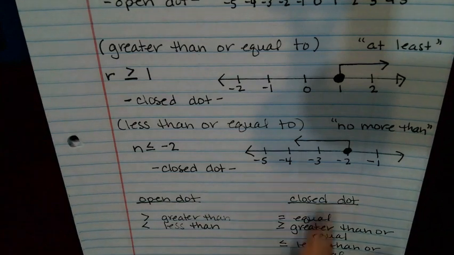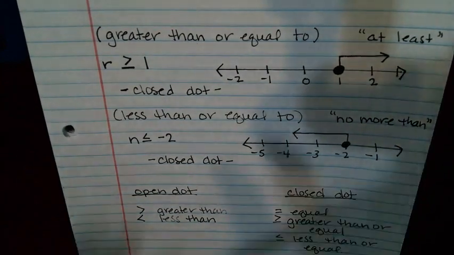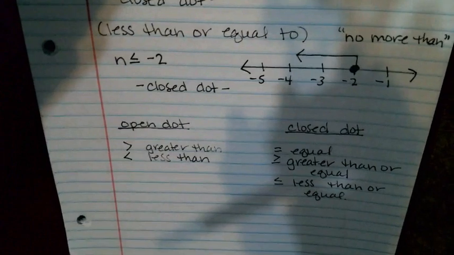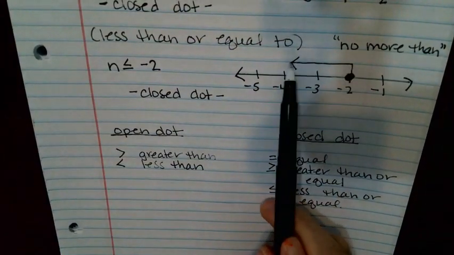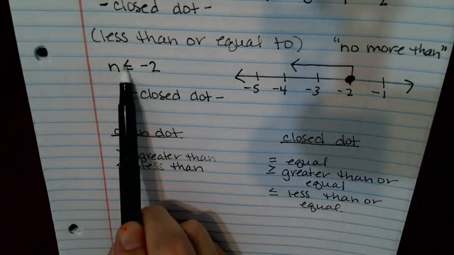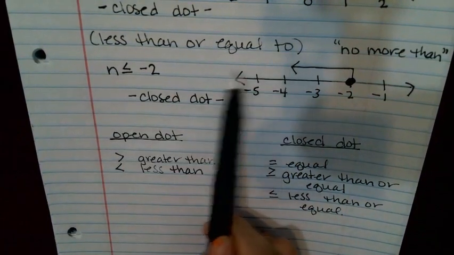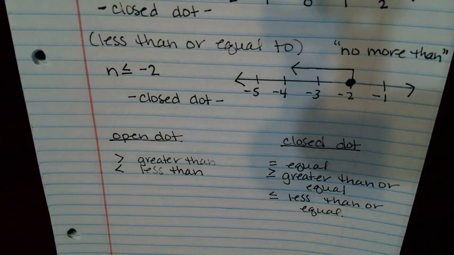Okay, make sure that your arrow is pointing the right direction. Okay, if your arrow is pointing to the left, it means it's less than. This arrow is also pointing to the left. Okay, it means it's less than. If your arrow is pointing to the right, it is greater than.